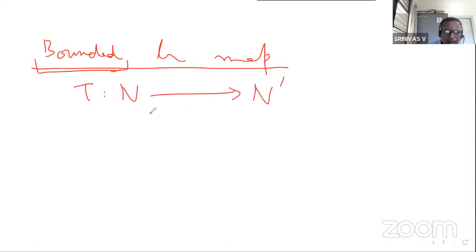To give an example of a linear map, you need one or two vector spaces. If you have one vector space, you can take N dash equal to N. Let us define T to be the map 0, not this 0.